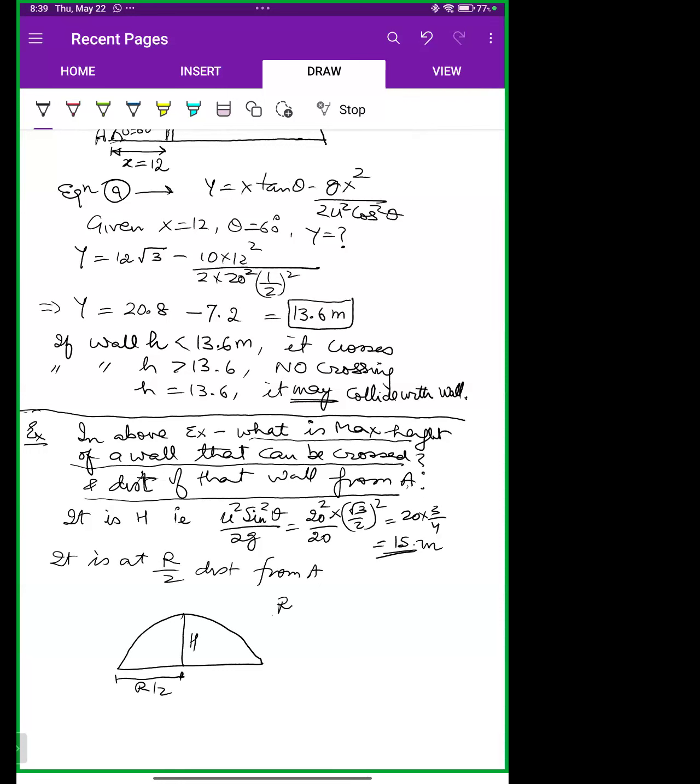So x is equal to r by 2 is equal to u square sine 2 theta upon 2g, because this 2 comes here. So that is 20 square is 400. Sir, is it 400, 10 root 3? Root 3 by 2. Okay, calculation not important. 2 into 40, 10, 10 root 3, 17.3 meter.